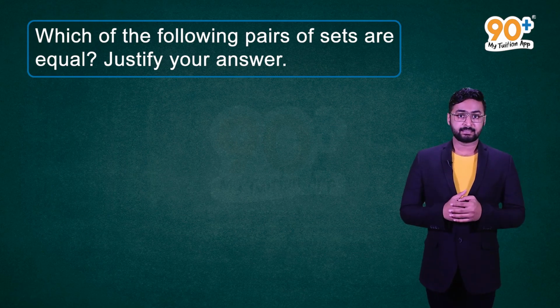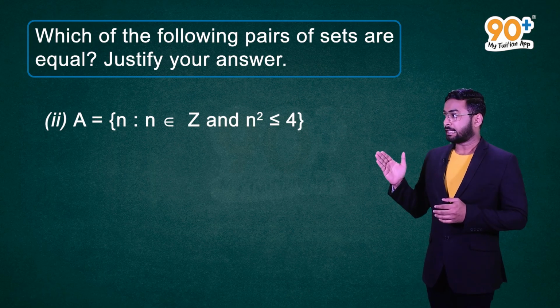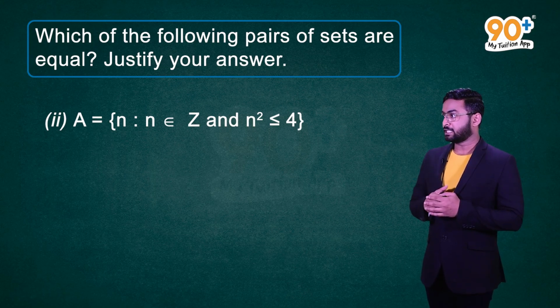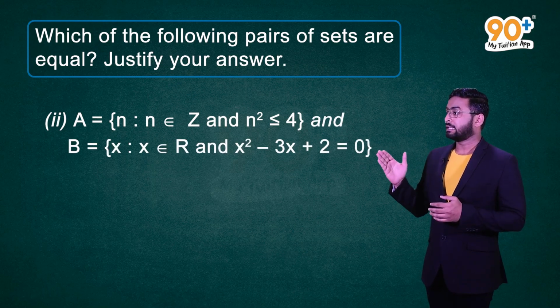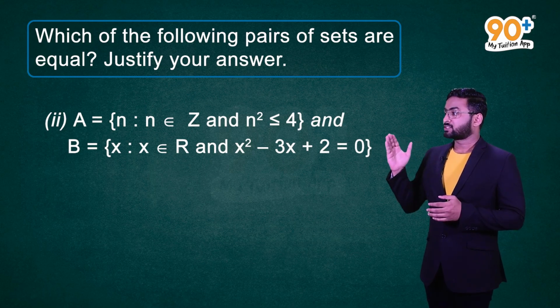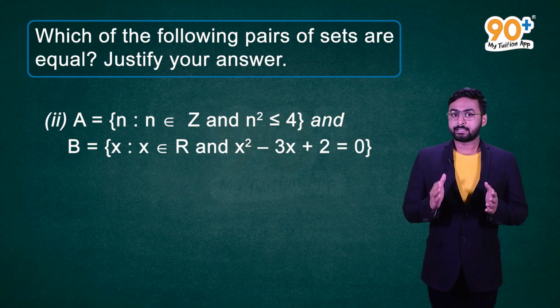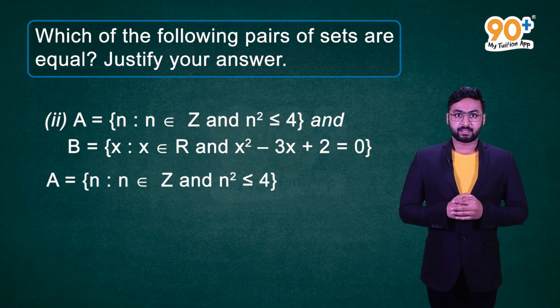The next one is A equal to set of all n such that n belongs to the set of integers and n square less than or equal to 4, and B equal to set of all x such that x belongs to R and x square minus 3x plus 2 is equal to 0. Let us take the set A here first.